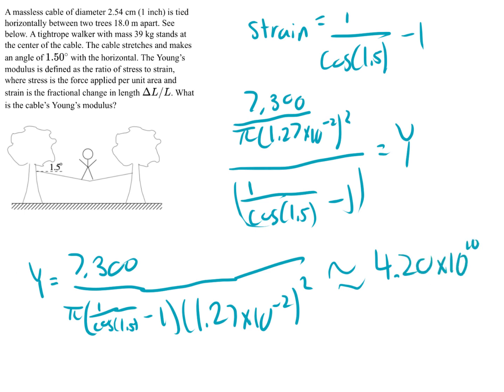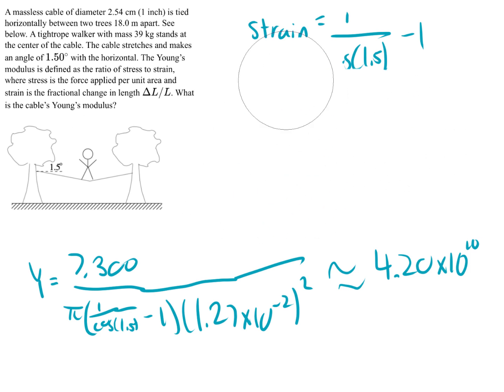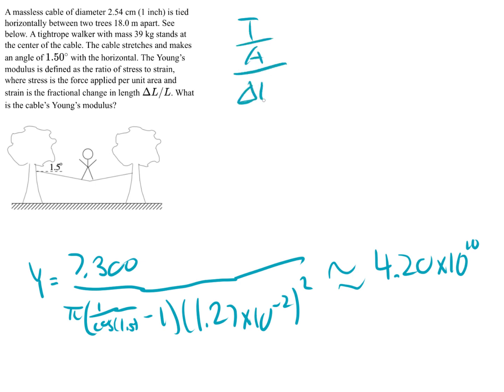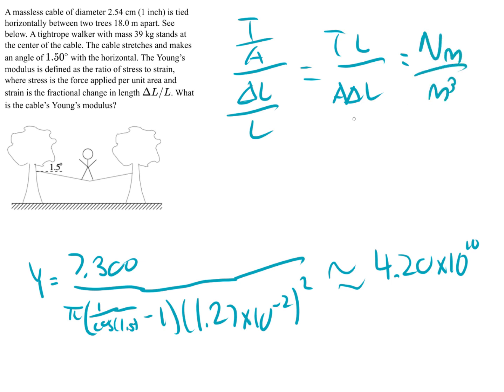And I actually don't know the unit yet, so I'm going to go and figure out the unit. So remember, stress over strain. So this becomes TL over a change in L. So this gives you newton meters divided by meters cubed, which gives you newton over meter squared.